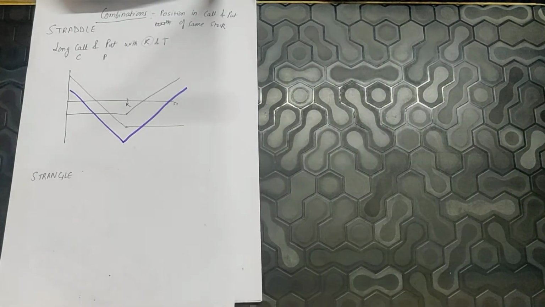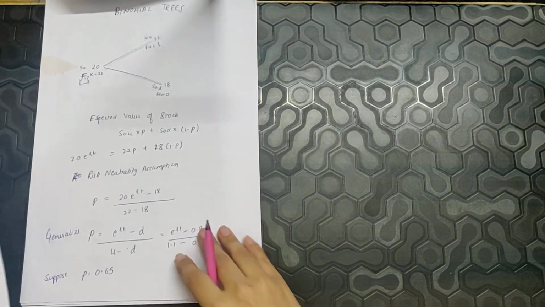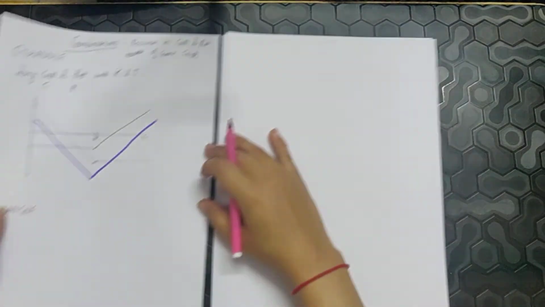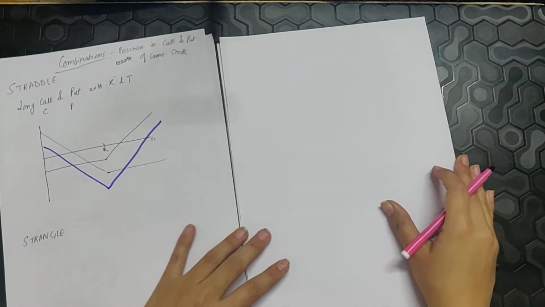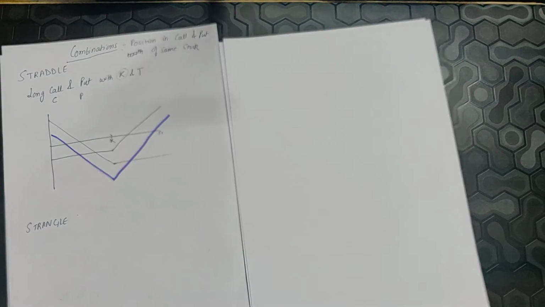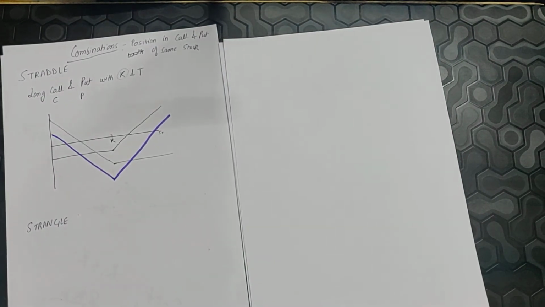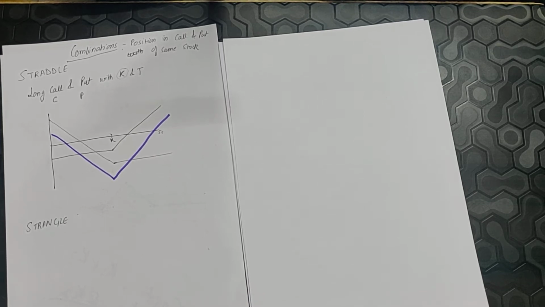The next strategy that I want to discuss here is combinations. So until now we were doing spreads, and there are more strategies too, but these three, you need to do just these three: bull, bear and butterfly. That's it. Coming to combinations, in combinations we are not only taking positions in call options, but we can also simultaneously take a position in put options.